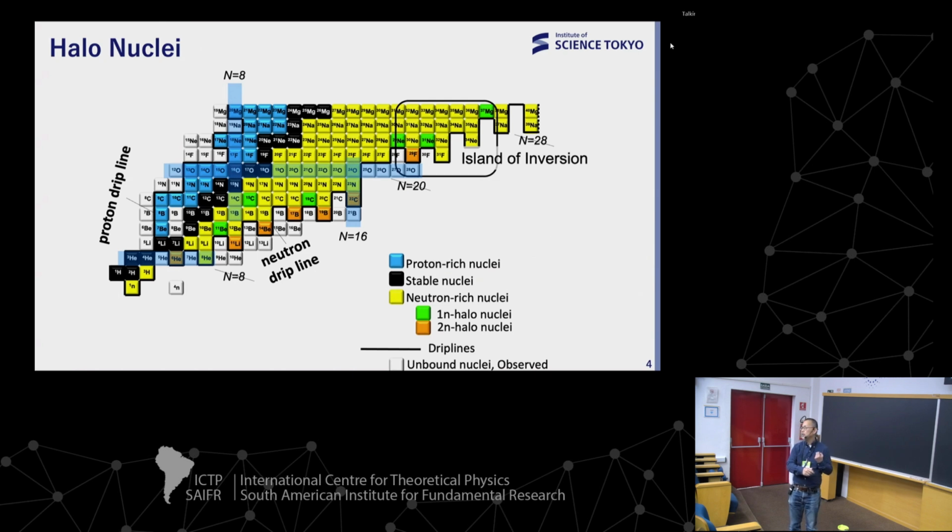Maybe tomorrow, in the next lecture, I'll explain about this. Anyway, N equals 20 magicity is lost there, and N equals 8 magicity is lost in lithium-11, beryllium-12 region here also. So the halo structure is also relevant to this shell evolution.